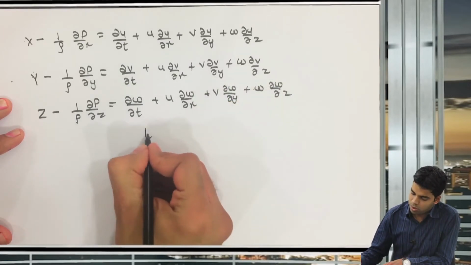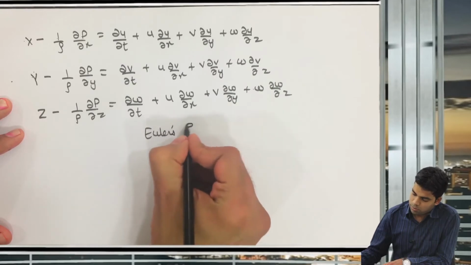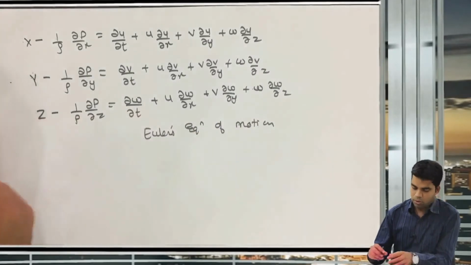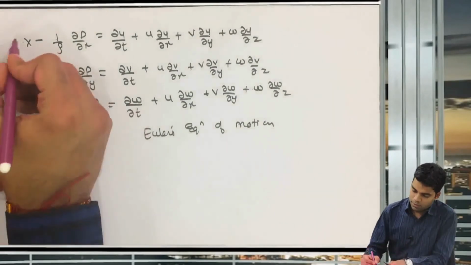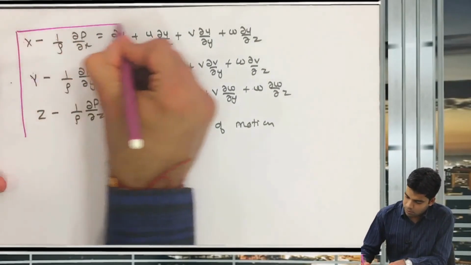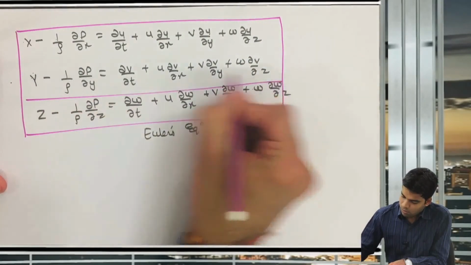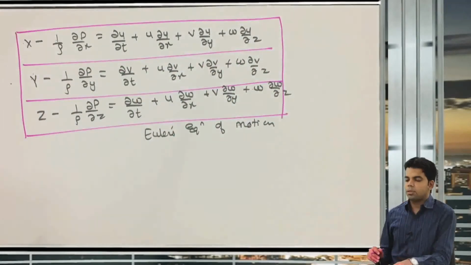Okay, this is Euler's equation of motion. Very important. Euler's equation of motion. Clear or not?